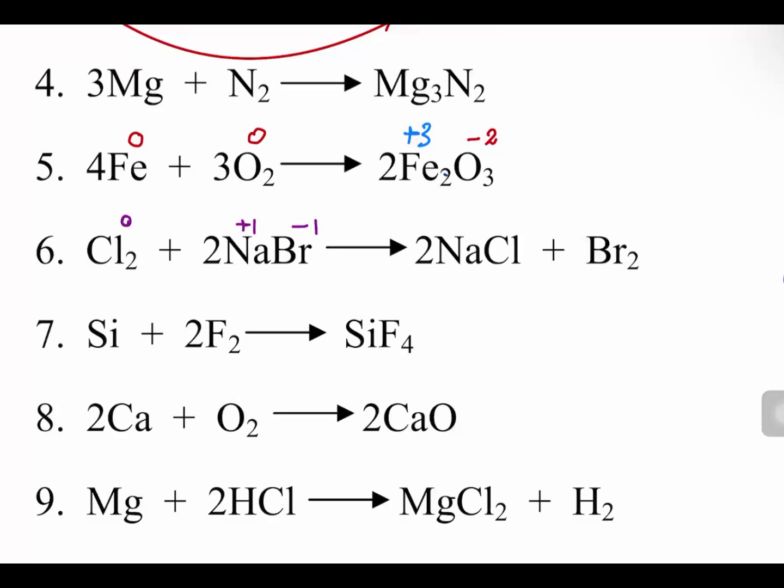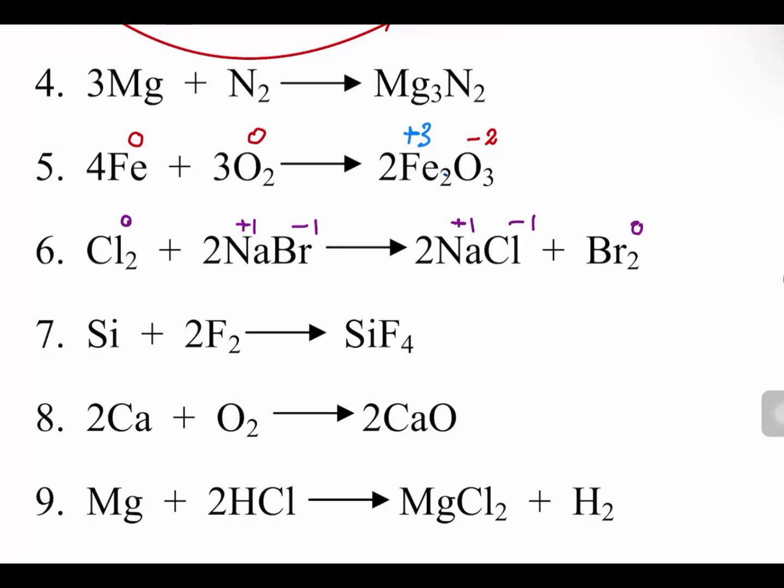This is in group 7, so this is -1. And this is a 3 element, sorry, this is a free element. I told you that all the diatomic molecules have 0 charge. So this is 0. So it's changing from 0 to -1, and it's changing from -1 to 0.